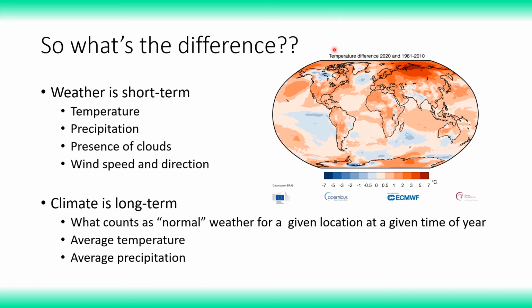This map right here shows the temperature difference over the course of a few decades. And so the redder the region of the map is, like over here, the more the average temperature tends to increase.